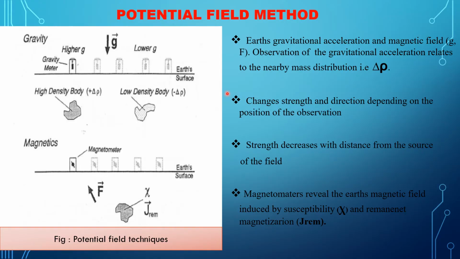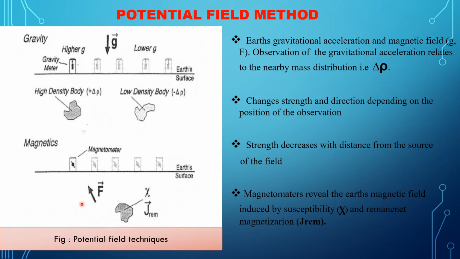Now, potential field methods. What is meant by potential field methods? Gravity and magnetics are the two that fall under this category. In the left hand side picture, we are showing the surface of the earth, and the property measured is the gravitational acceleration, which is always downward.